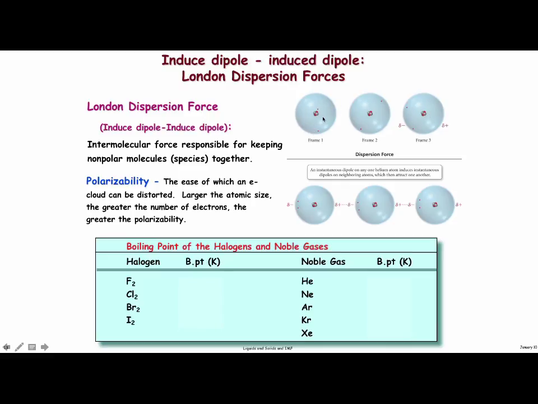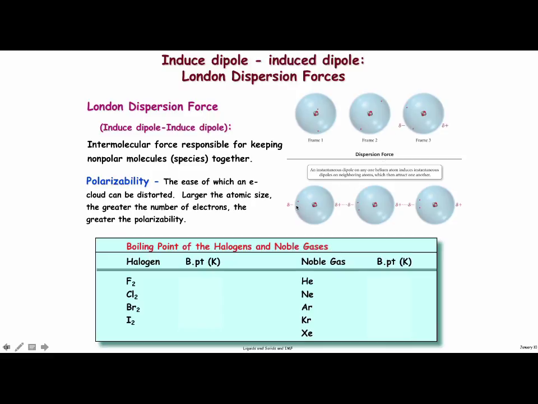Now, what will happen is that every once in a while these electrons are moving about, but what happens is that the electrons might cluster to one side of the chemical versus the other, and so this side is what we call partially negative because there's a more abundance of electrons in this side. It happens only for an instant, but it's enough to cause this wave.